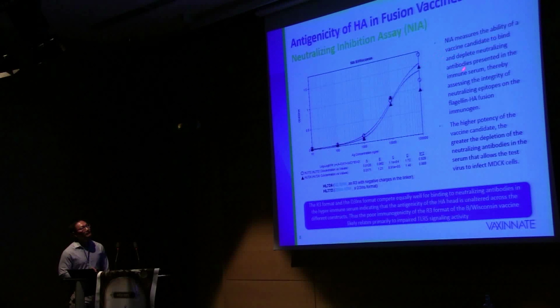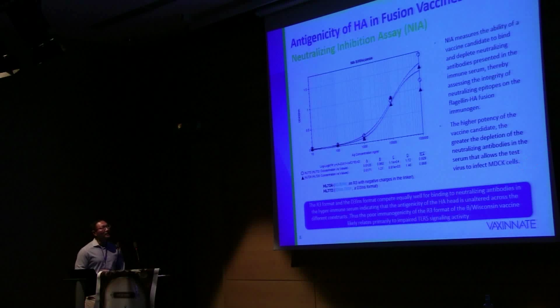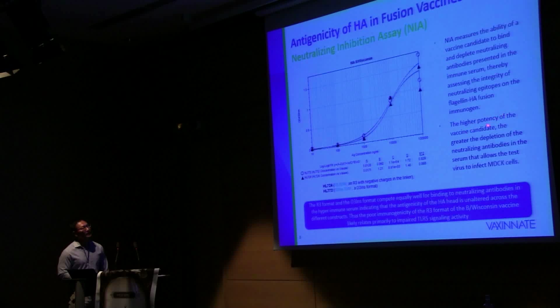NIA basically measures the ability of the vaccine candidate to bind and deplete the neutralizing antibodies present in the immune serum, thereby assessing the integrity of neutralization epitopes in the fusion vaccines. The higher the potency of the vaccine candidate, the greater the depletion of neutralizing antibodies, which allows the test virus to infect MDCK cells.